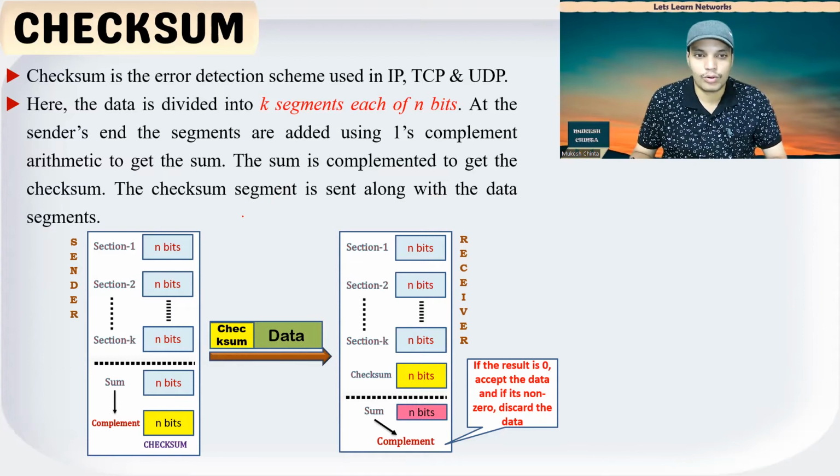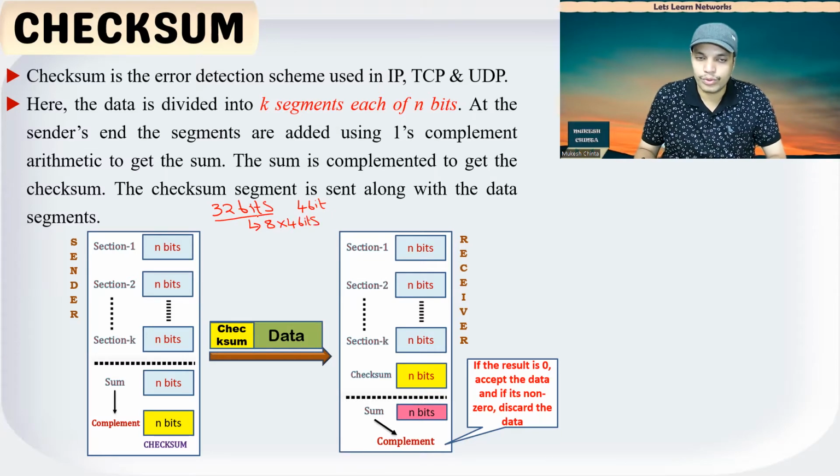To understand this better, let us say I have data which is 32 bits long. I can go for either a 4-bit checksum, an 8-bit checksum, or a 16-bit checksum. If I decide to use a 4-bit checksum, I have to break this message into 8 blocks, each containing 4 bits.